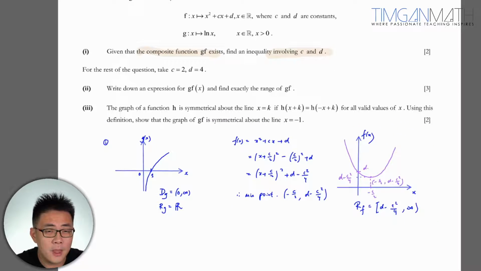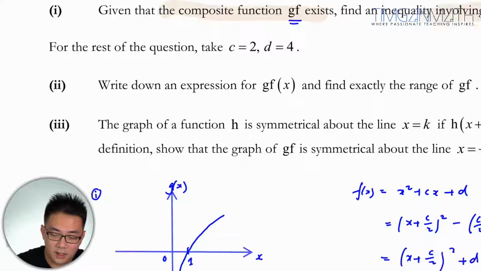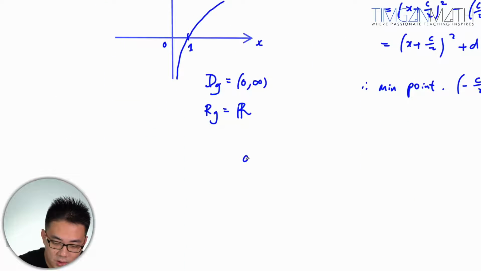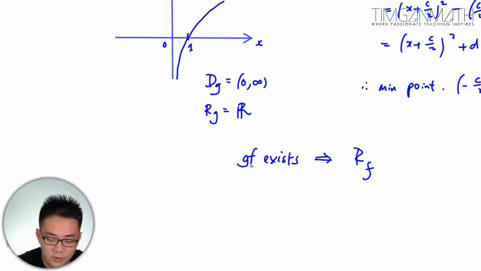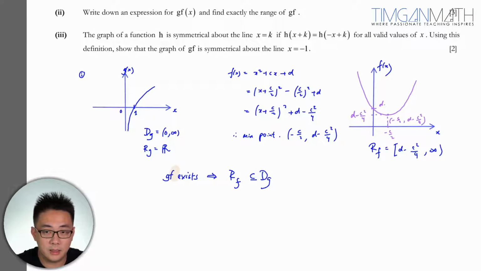Now, if the composite function gf exists, it just means that the range of f, the first function, will be contained in the domain of g. That is the most important part.